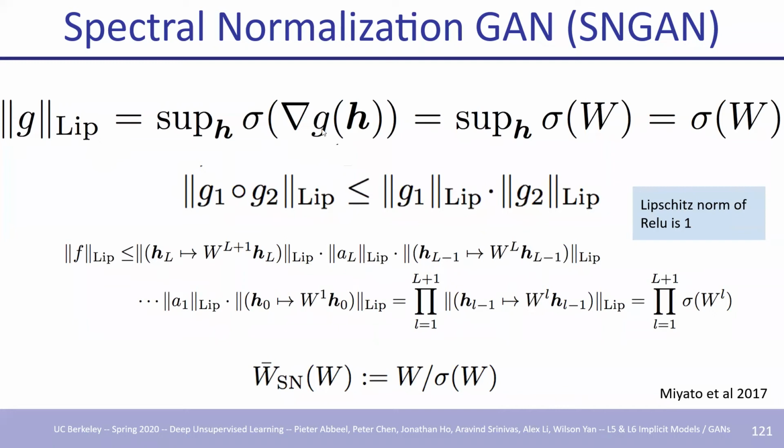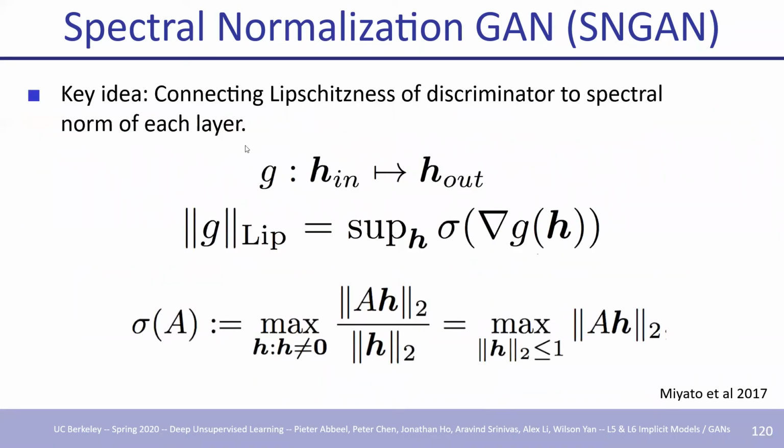And the gradient over all of the h's that are possible, so all of the input values that you can send to it. Was it h here also? Okay, it was h here. So this is confusing, the h in and h out. But this is the input, this is the output. So it's basically saying, whatever input it is, what is the biggest spectral norm possible.